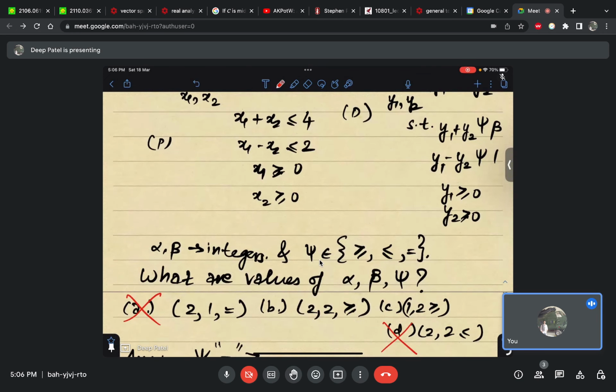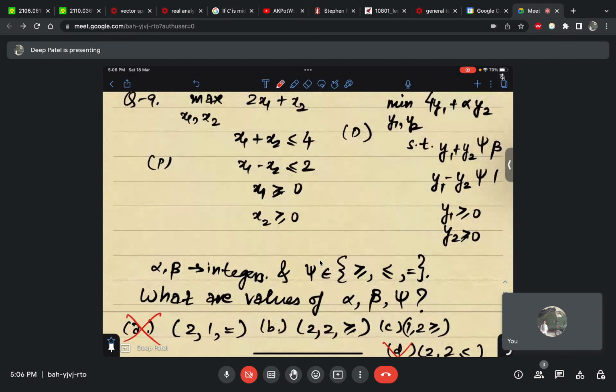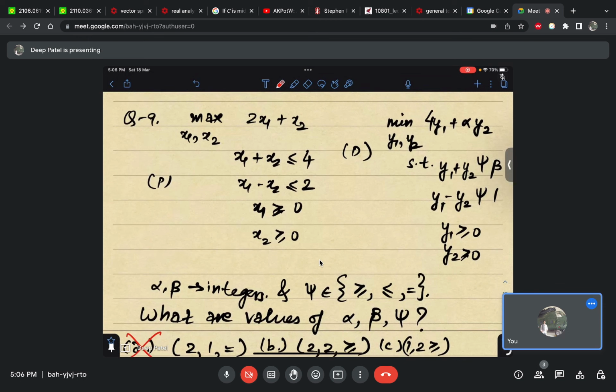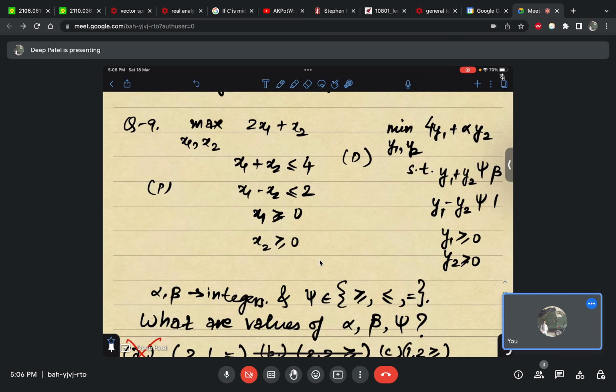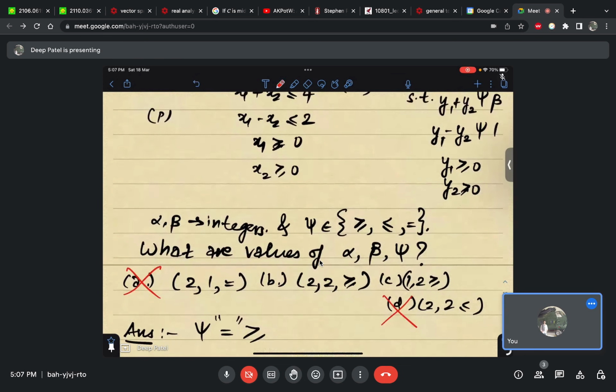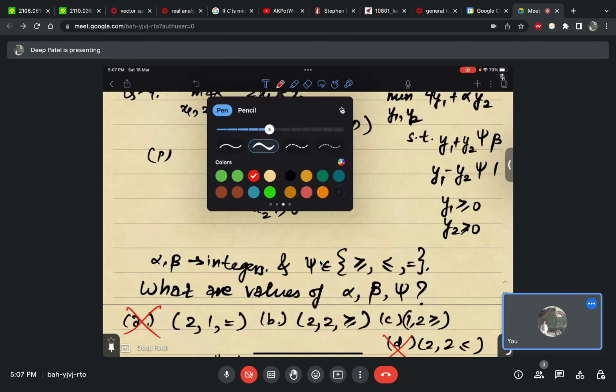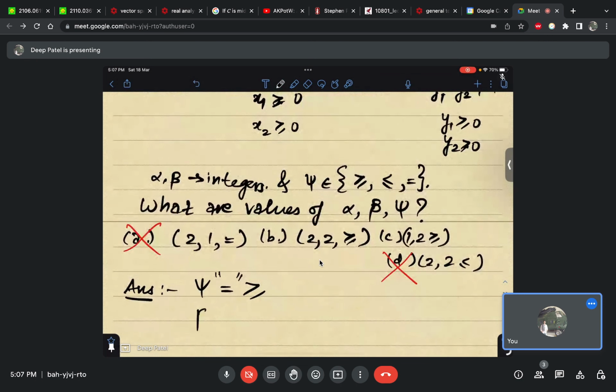And that we also know. For example, do we know something about this beta? Yeah, it should be greater than or equal to c, so beta is 2.